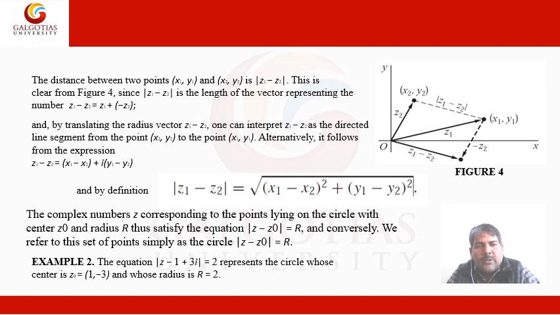The distance between two points (x1, y1) and (x2, y2) is mod of z1 minus z2.